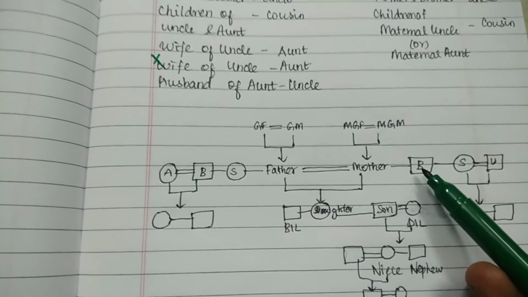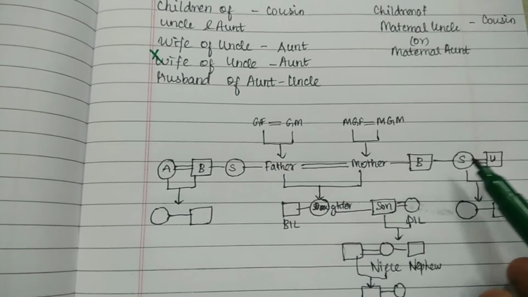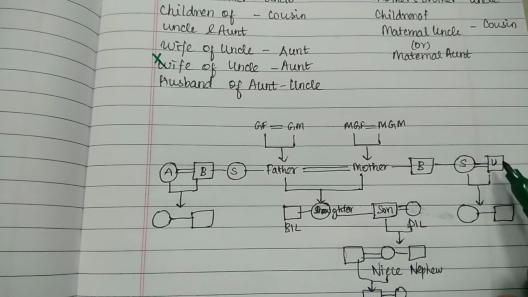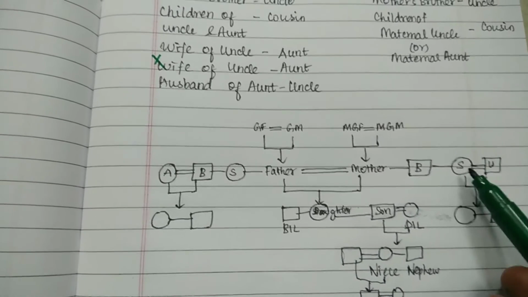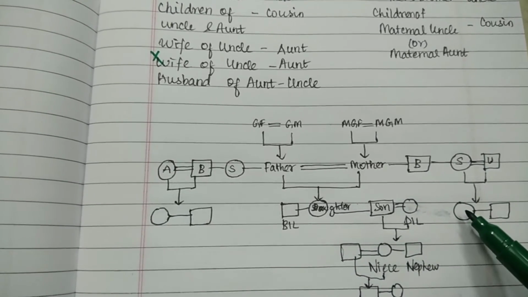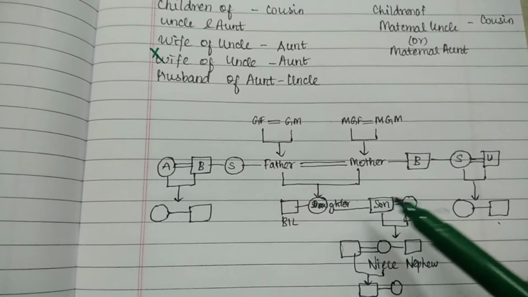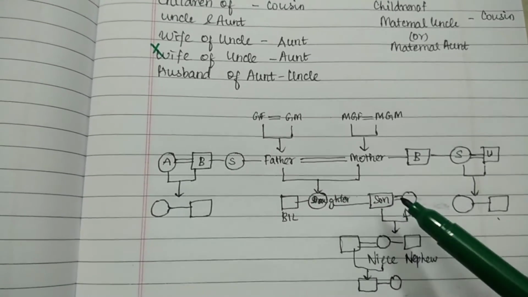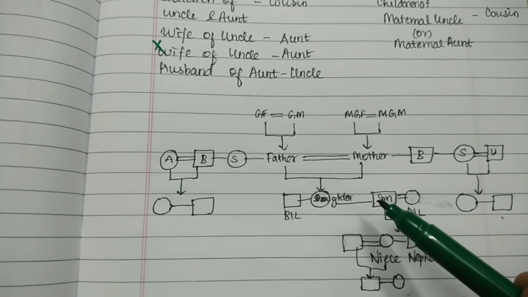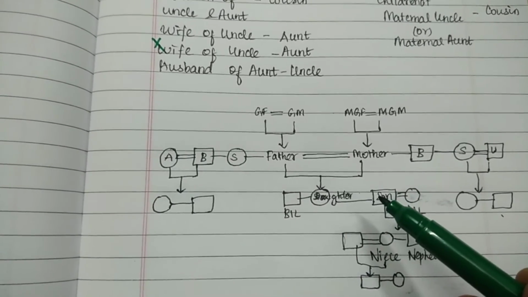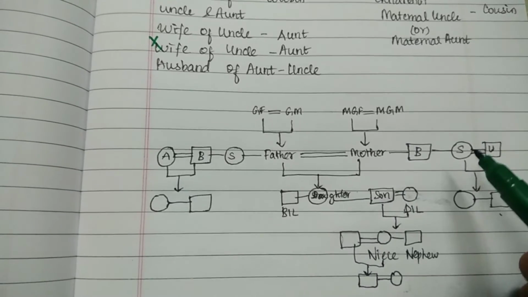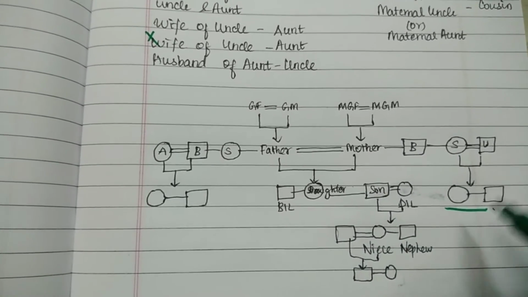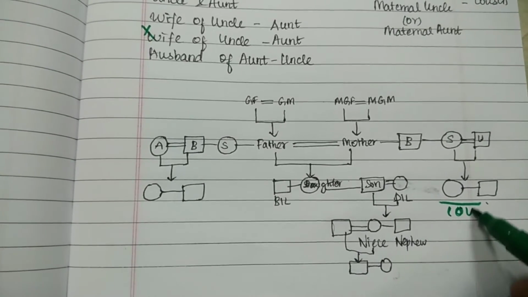I will call them uncle and aunt. Now my aunt is getting married to a person, so I will call him uncle. They have kids, a girl and a boy, and I will call this relationship cousins, since they are not born with me. If they were born with me, I would call them sister and brother. Since they are born to my uncle and aunt, I call them cousins. So these are the cousins circle.